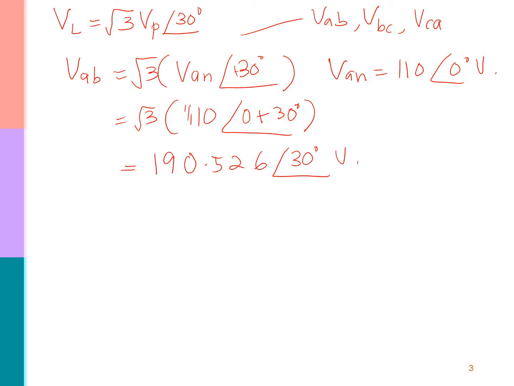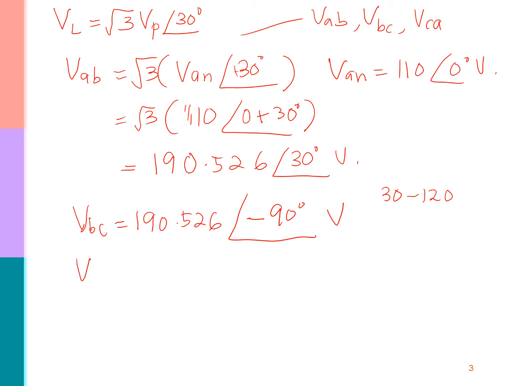To calculate VBC and VCA, you don't need to calculate the magnitude because the magnitude is the same. So VBC is equal to 190.526. You only calculate the angle. Since the angle for VAB is 30 and the circuit is a positive sequence, we minus 120 for VBC, so the angle for VBC is minus 90 degree.